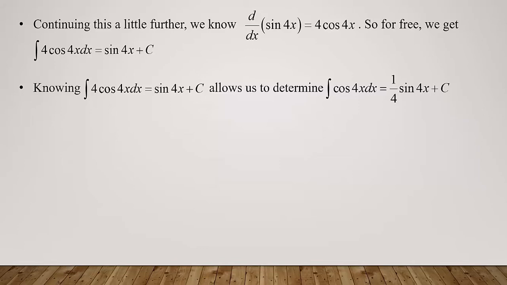Notice where the 1/4 is coming from. If you were to differentiate sine 4x, you get the derivative to be cosine 4x times 4. But there's no 4 here, so you have to have this 1/4. When you do the derivative to check, that 1/4 times the 4 that would come from the chain rule, differentiating the 4x, we know 1/4 times 4 is 1.